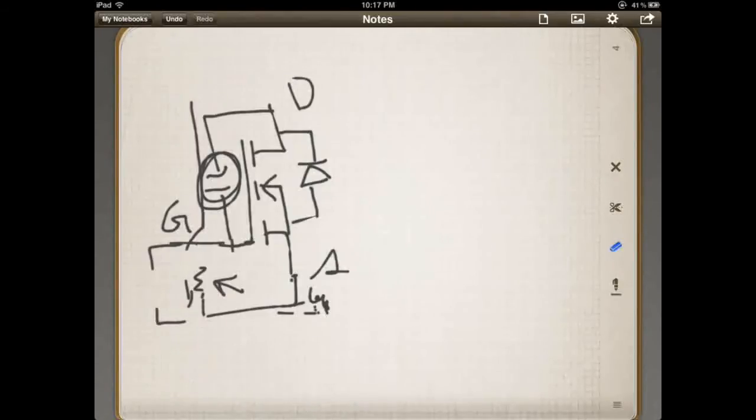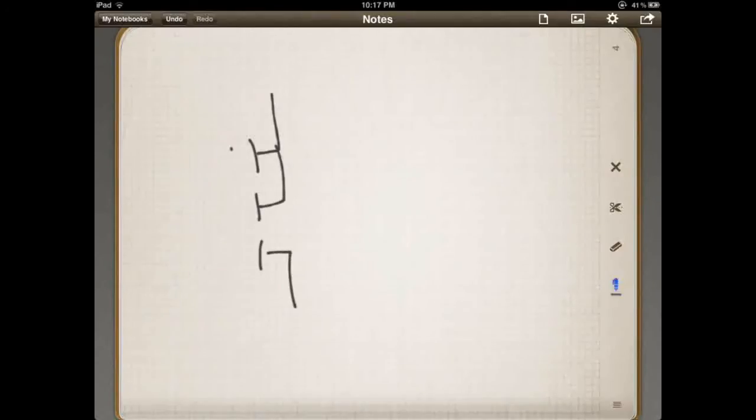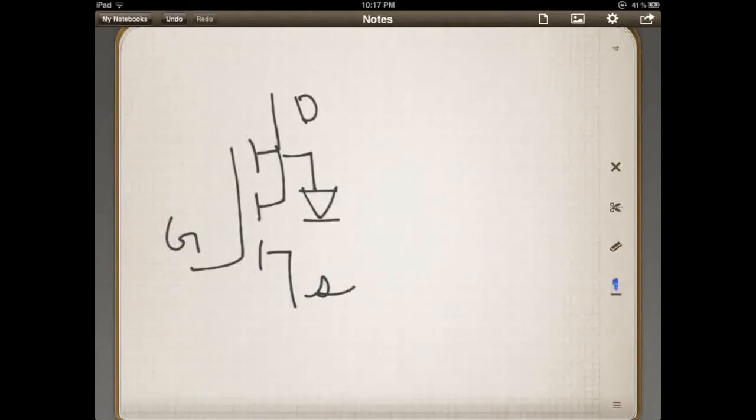Now, the other one that I want to show you is the P-channel version, which I even said in the BJT one, the P-channel is basically the reverse. It's basically an N channel, but upside down. You still got your gate, your drain, and your source, and here we'll show the body diode.